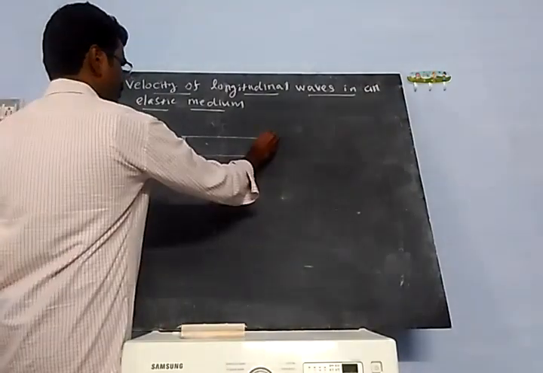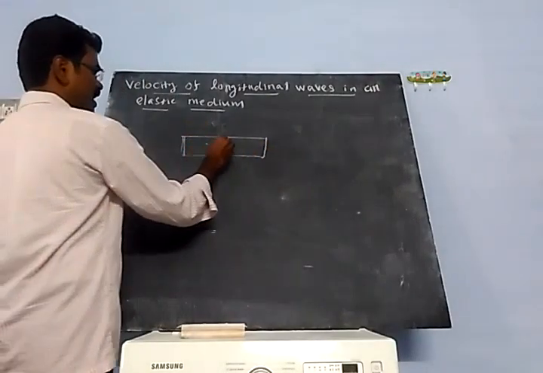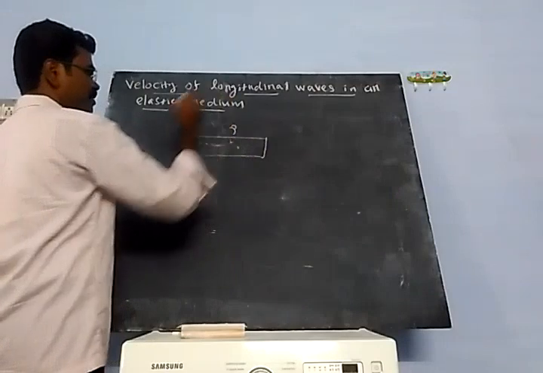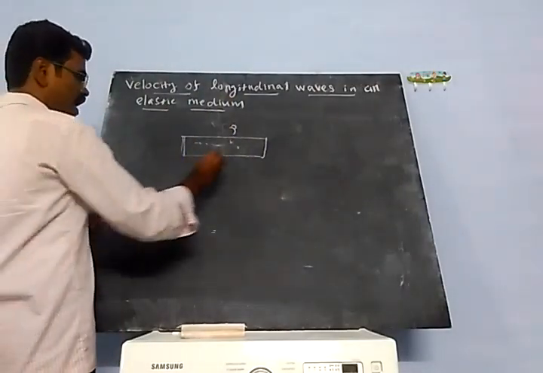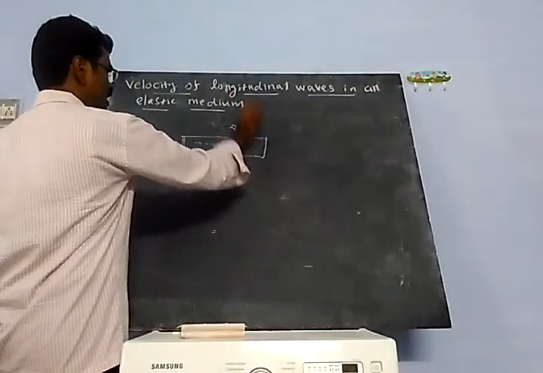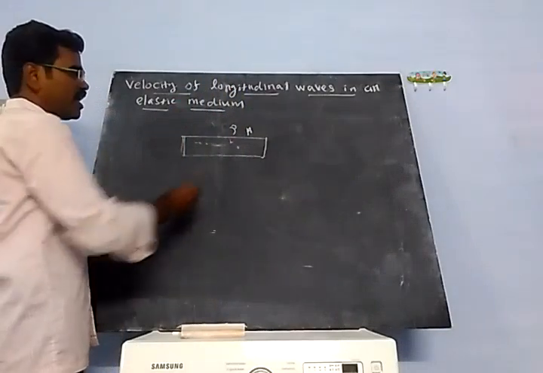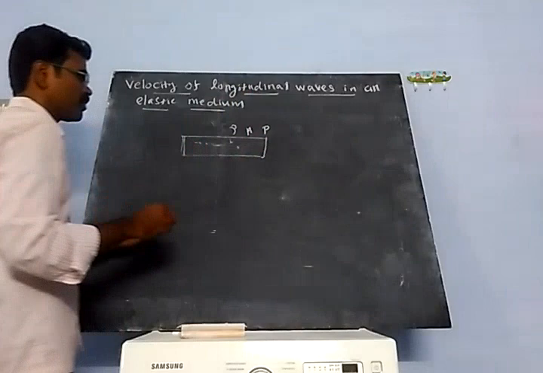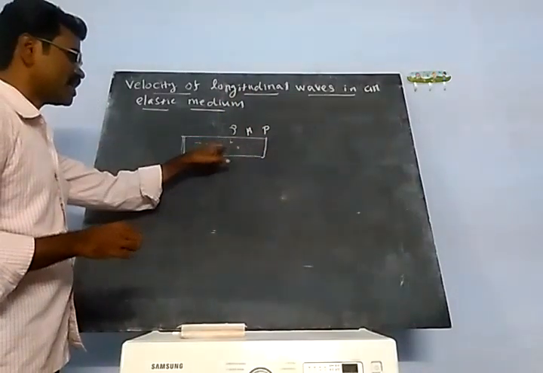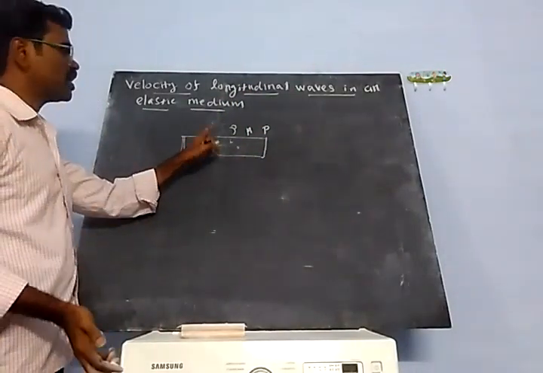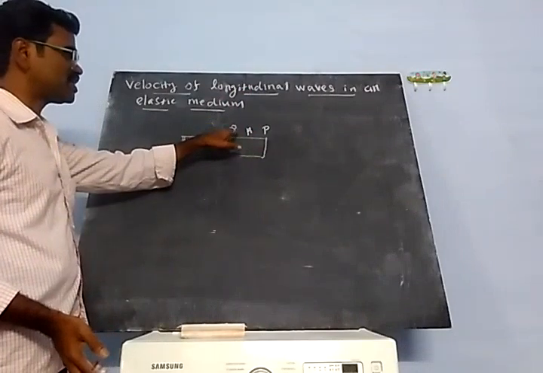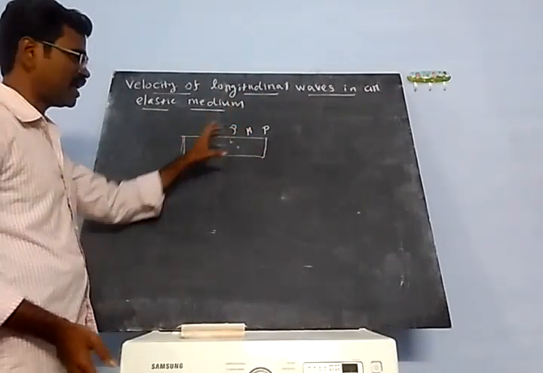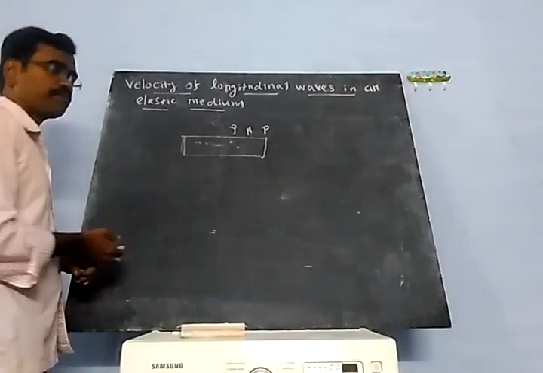Consider this piston, which contains one elastic medium. That elastic medium's density is rho, the cylinder has area A, and the cylinder is maintained at pressure P. So the density of that air or liquid or any elastic medium is rho, A is the area of the cylinder, and P is the pressure.